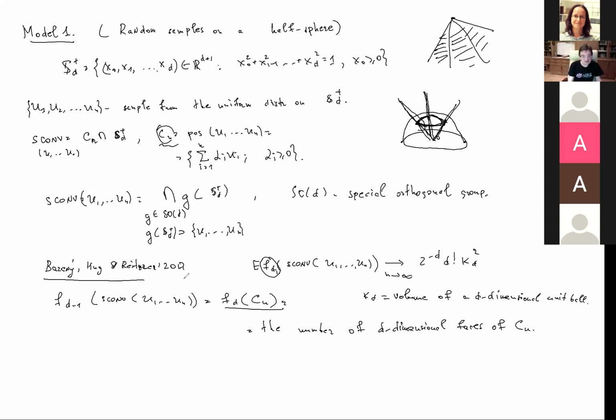So this was a result by Marynych, Hug, and Reitzner, that the expected number converges to a finite constant, and an even more recent result by Kabluchko, myself, Christoph Thäle, and Daniel Temesvari. We have proved much more. This is a result from 2019, and I will explain the notation in a moment.